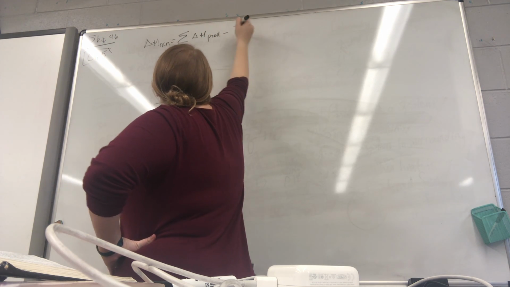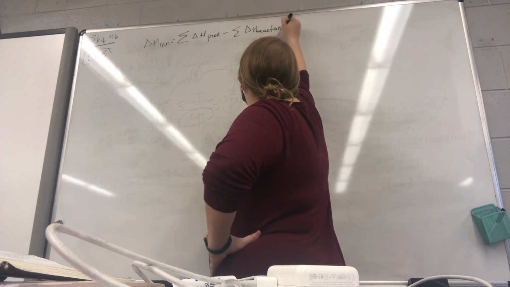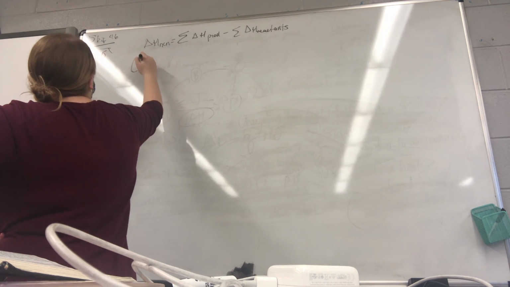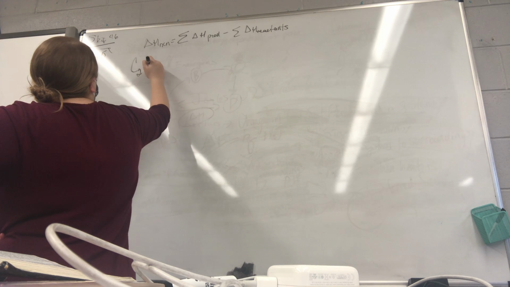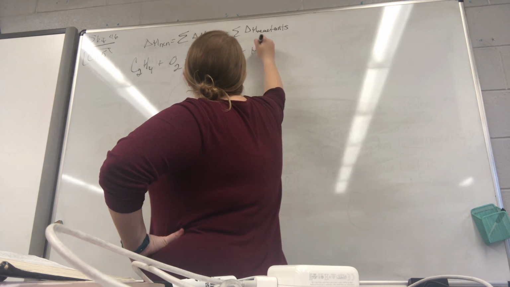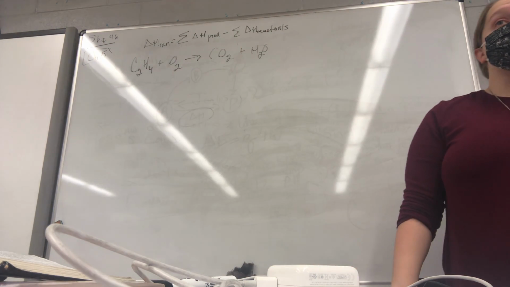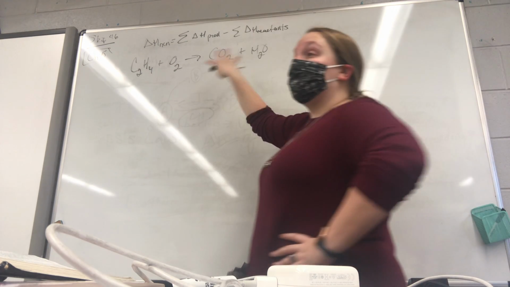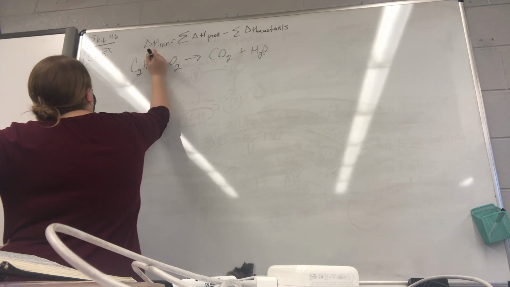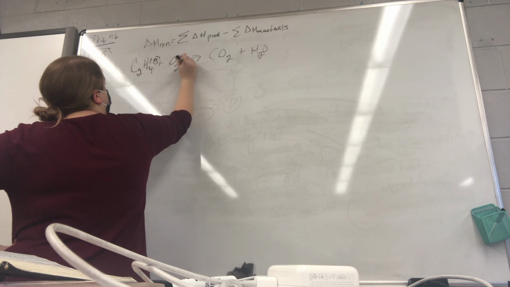Yeah. So that if we wanted to, we could calculate delta H using each individual reactant and product, provided we knew, let's make this a gas, their states of matter.